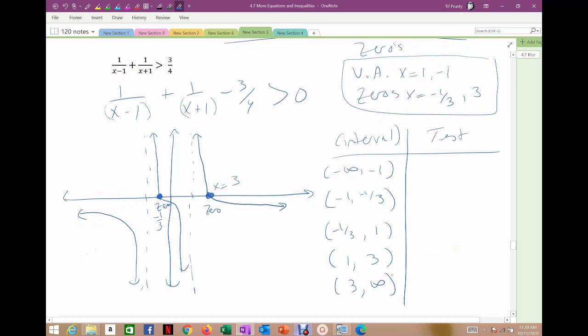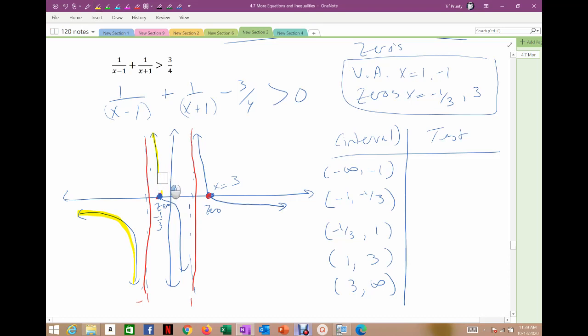Because there's a break between positives and negatives at my asymptotes and my zeros. So there's got to be a break between my asymptotes and my zeros. And so there's a break here at negative 1, there's a break here at this 0, there's a break here at positive 1, and then there's a break here at 3, which puts all of these different pieces.